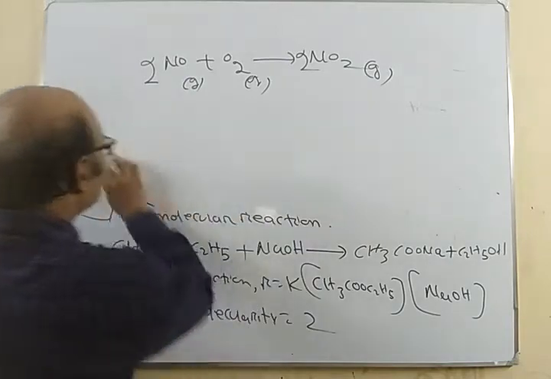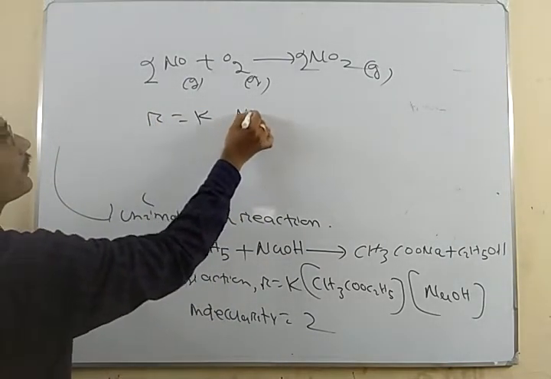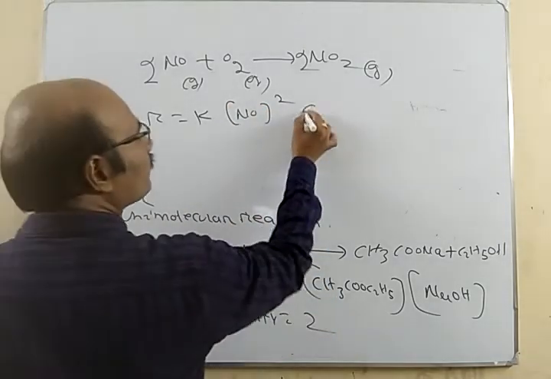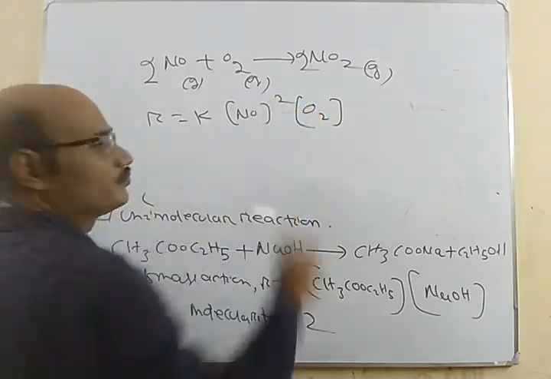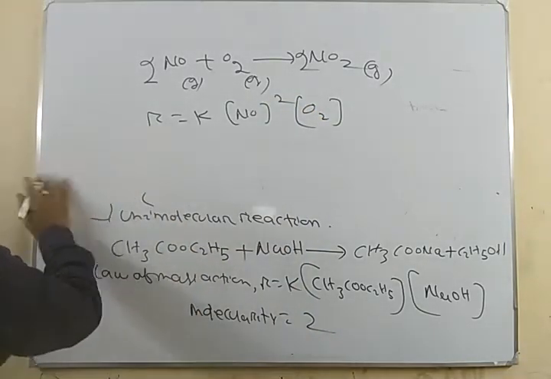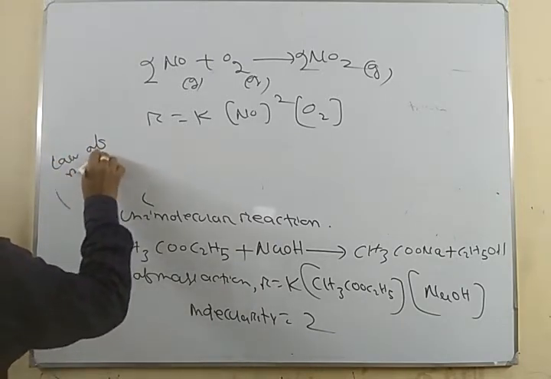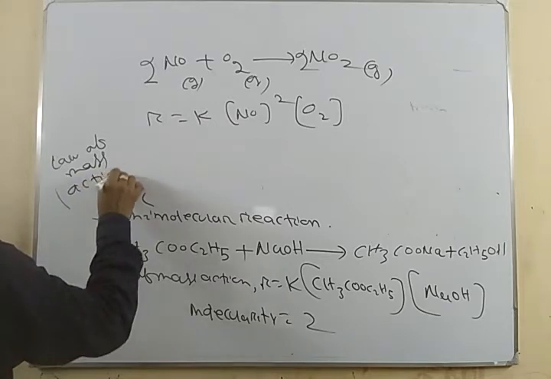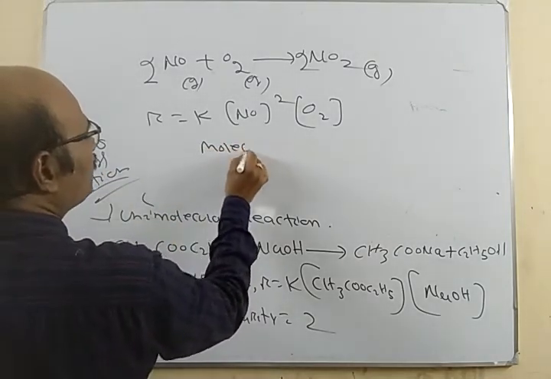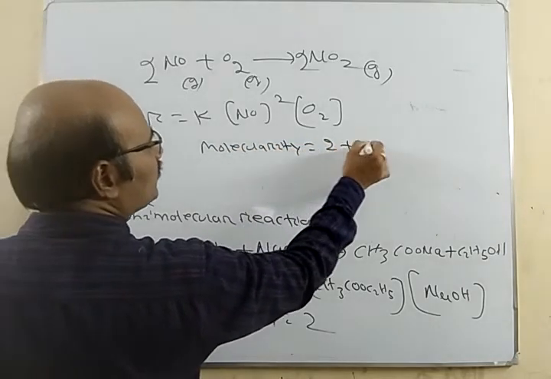Here I can write R equals K NO squared O2, the law of mass action. That we see here, molecularity equals 2 plus 1 equals what?